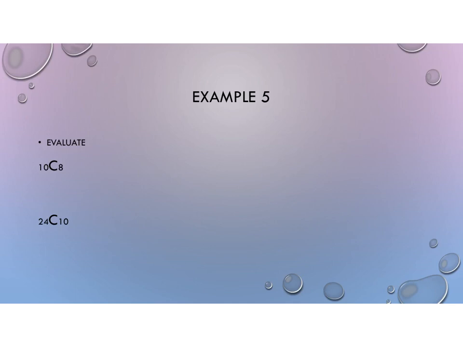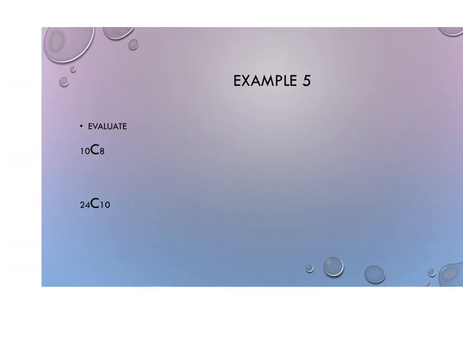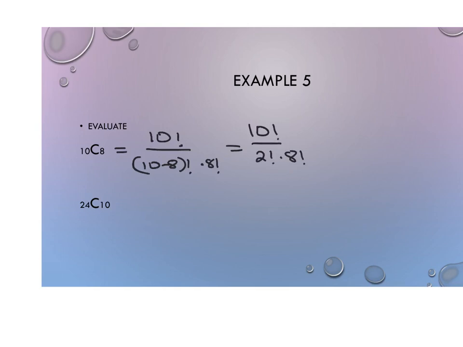And one last example, and this is easy, it's just the symbols. So again, if you find this on your calculator, you can just quickly key it in, but I'm going to do it the long way. So it's 10 factorial over 10 minus 8 times 8 factorial, 10 factorial over 2 factorial times 8 factorial.